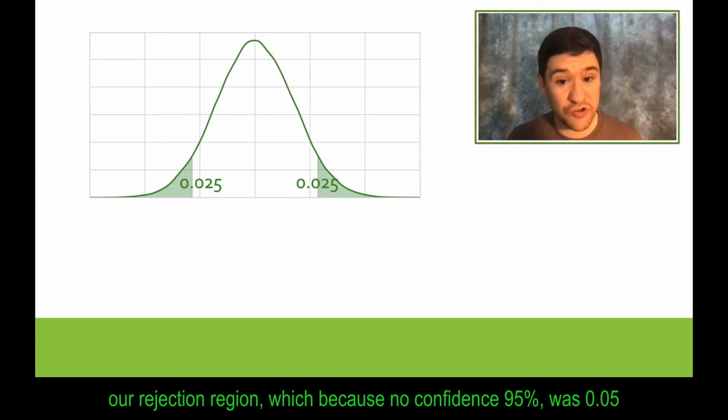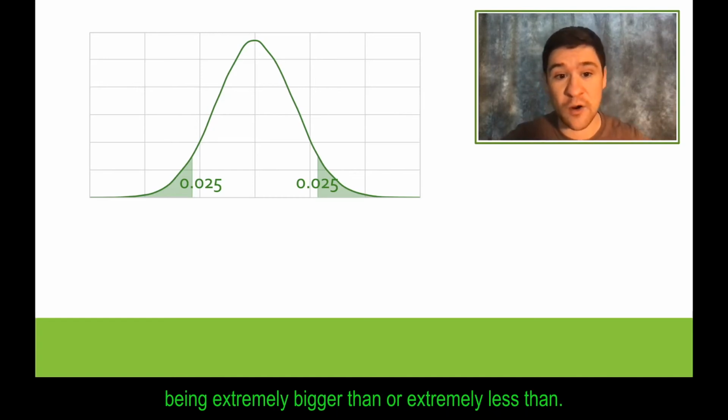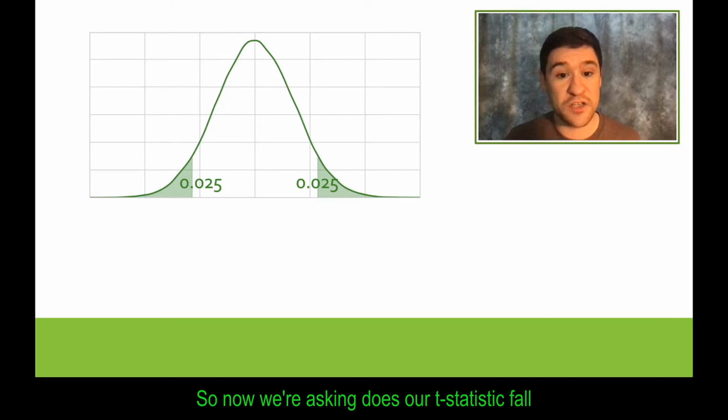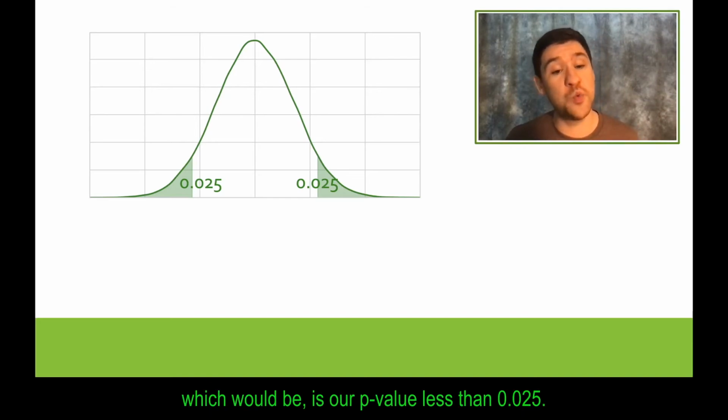So our rejection region, which because of our confidence level of 95% was 0.05, now is split between one extreme and the other, being extremely bigger than or extremely less than. So now we're asking, does our t-statistic fall within one of these regions? Which would be, is our p-value less than 0.025?